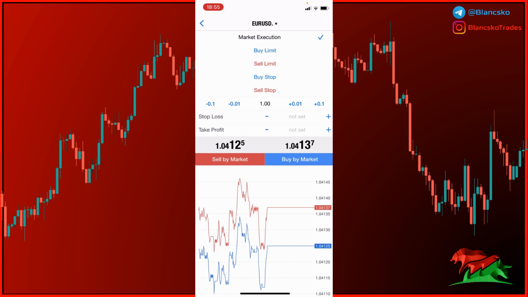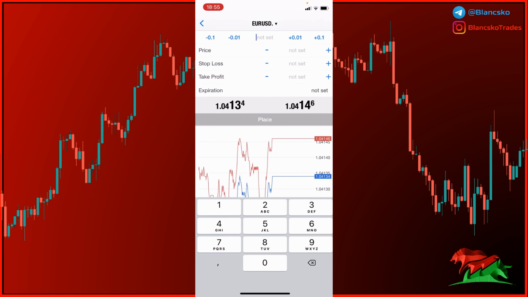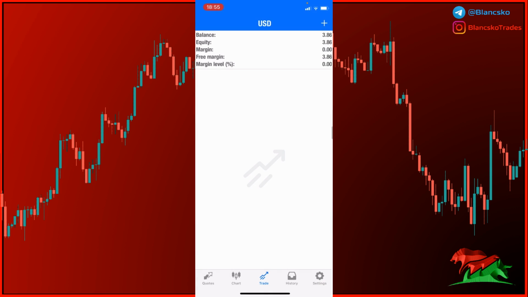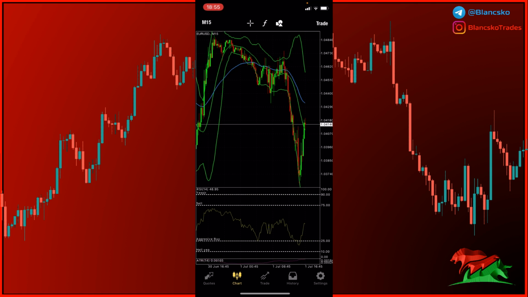Okay, so in the signal group, y'all know that we only use buy and sell limits. And I'm going to show you exactly what buy limit means. Okay, so let's say, for example, on Euro USD, we can see that price is literally right here, at 1.04145.